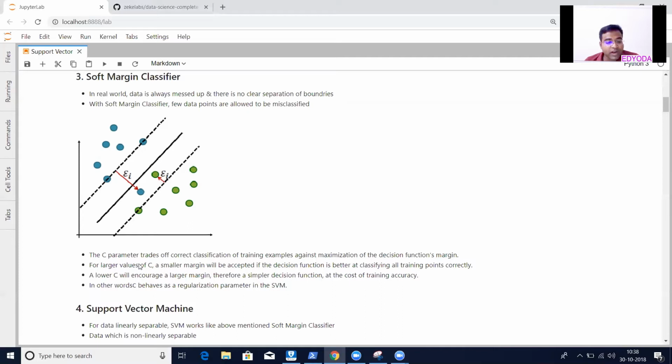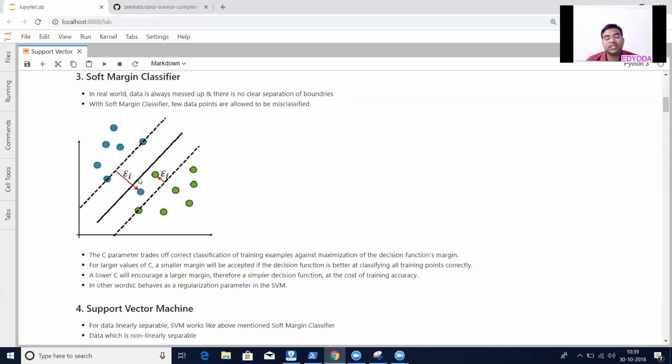With a larger value of C, a smaller margin will be accepted. That means if you increase the value of C, you allow less misclassification. And if you decrease the value of C, you allow more misclassification. Thus, your model is much more generalized. So this is what the soft margin classifier is, and based on this, your support vector machine fundamentally works.